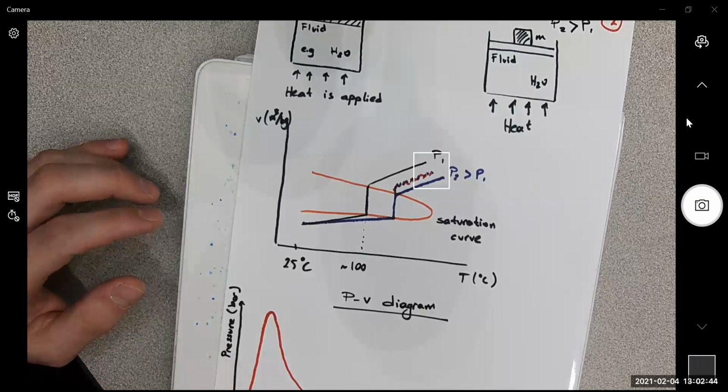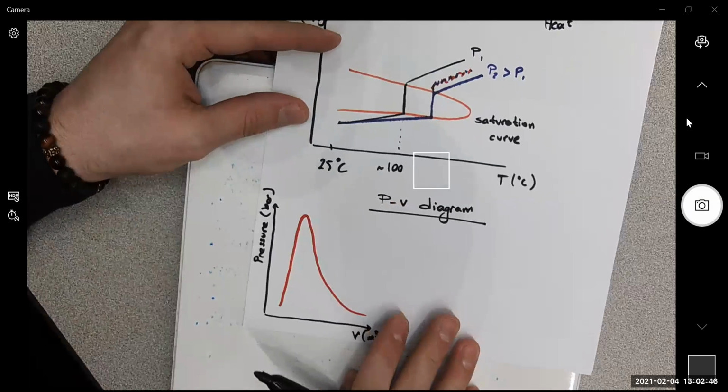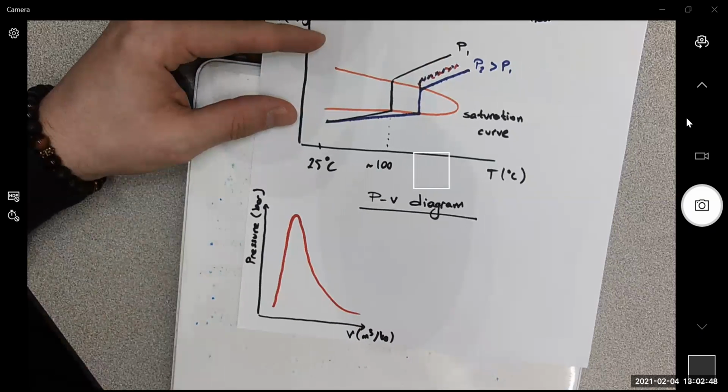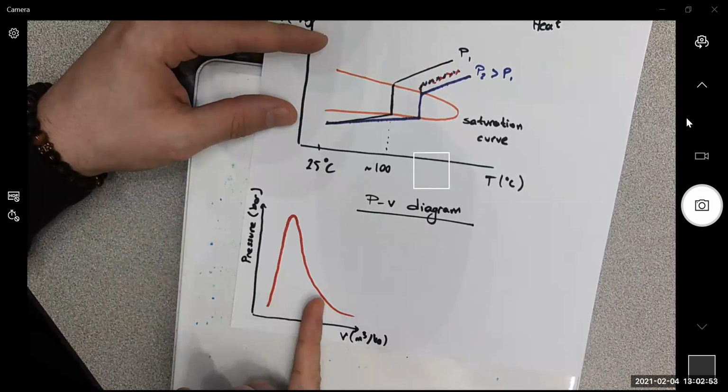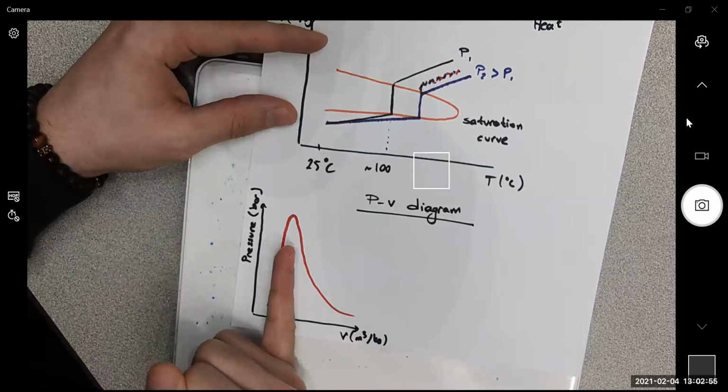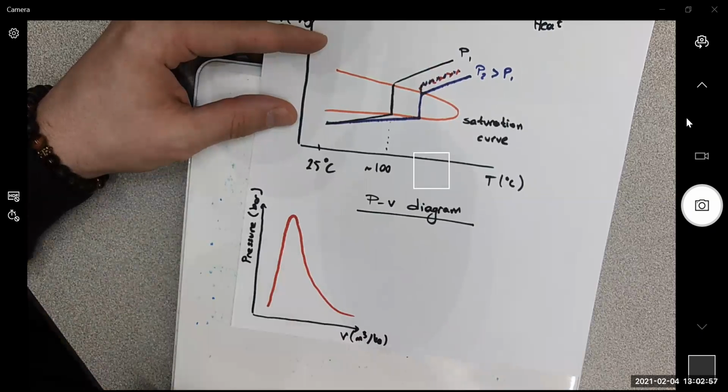Saturation curve in a PV diagram. It looks like it leans towards the pressure side.